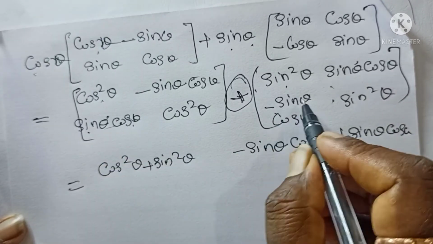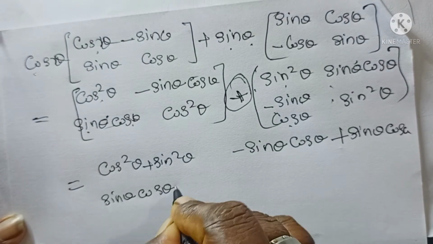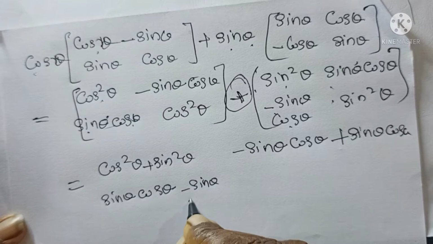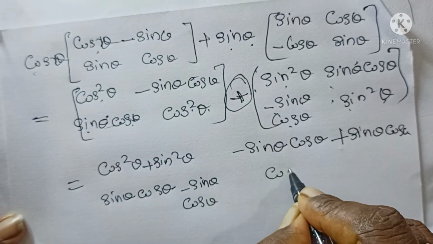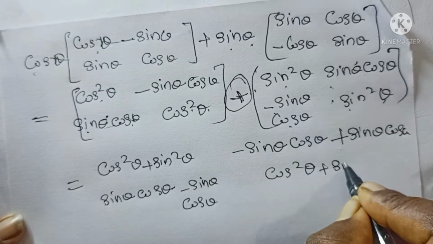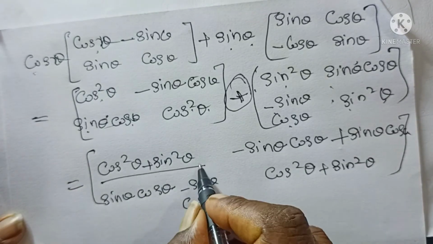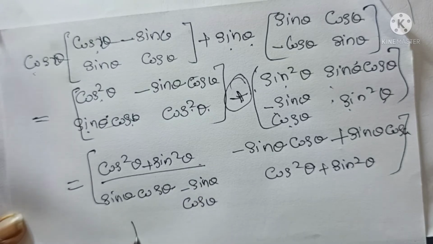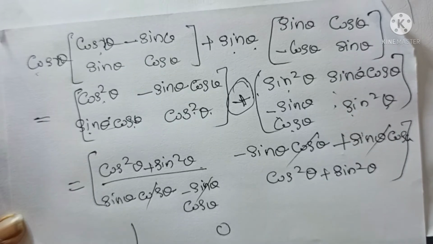Here sin theta cos theta minus sin theta cos theta. Here cos square theta plus sin square theta. So this is equal to 1. Here 0, here also 0, here 1.